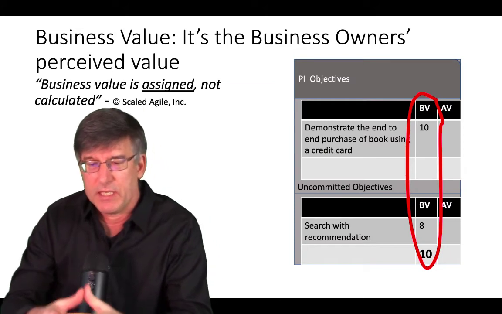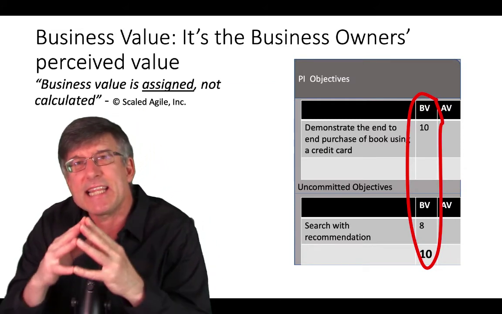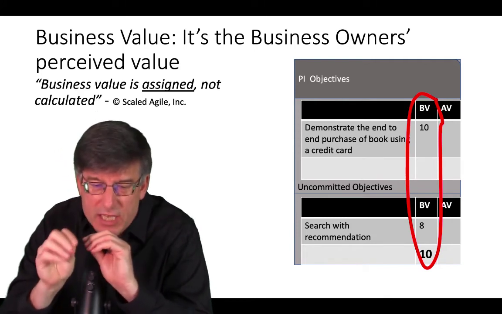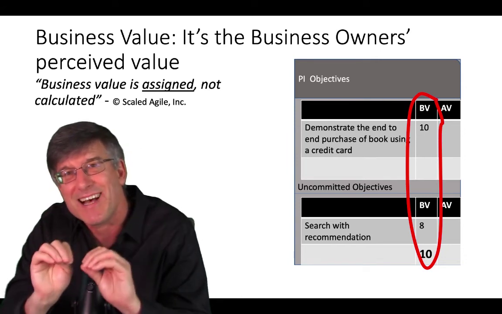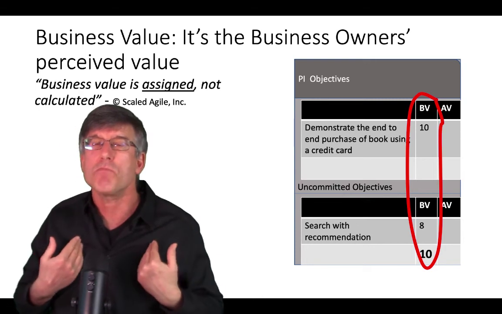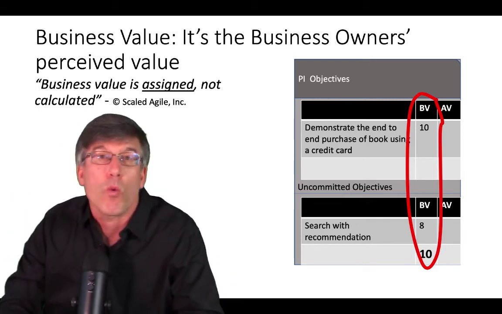And the business value, you have to understand, is the business owner's perceived value. Like SAFe itself says, business value is assigned, not calculated. So this is just my perceived value as a business owner of what this PI objective is worth.